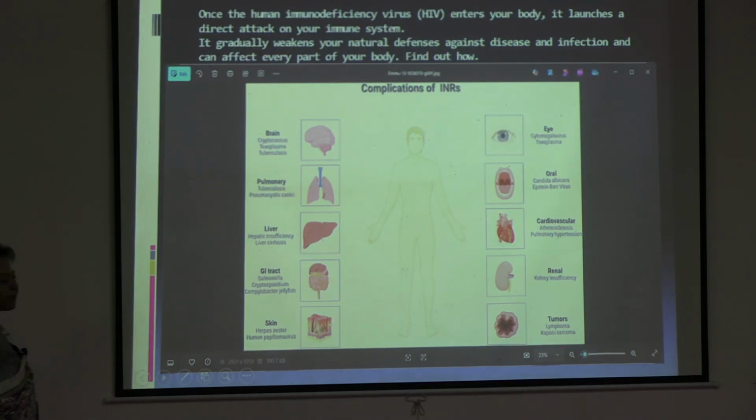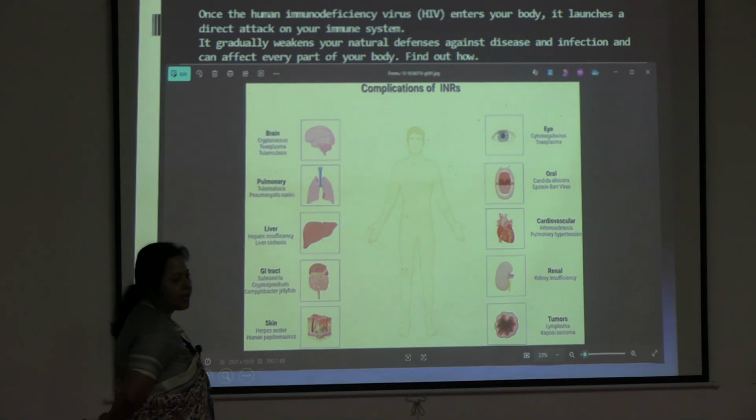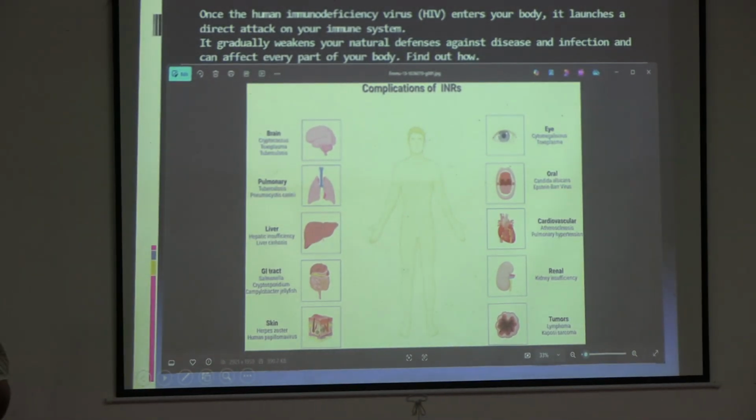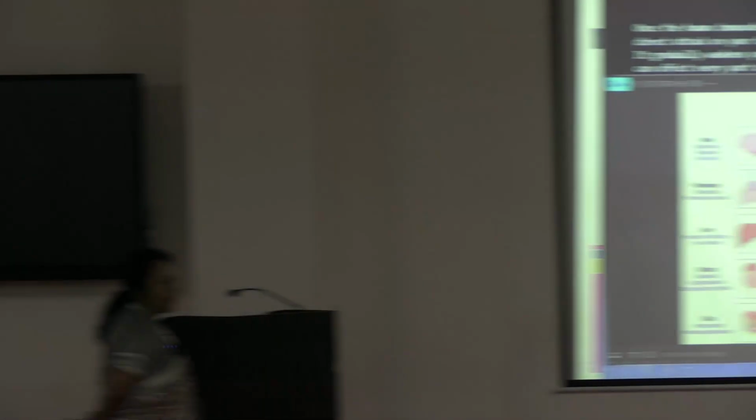So, those specific cells are attacked, and when those cells are attacked, what happens? Those particular T helper cells are responsible for the immune defense system of our body, right? So, our immune system is down, so then all bacteria, viruses or cancers can easily proliferate in our body, right? So, that is the whole mechanism of what happens.